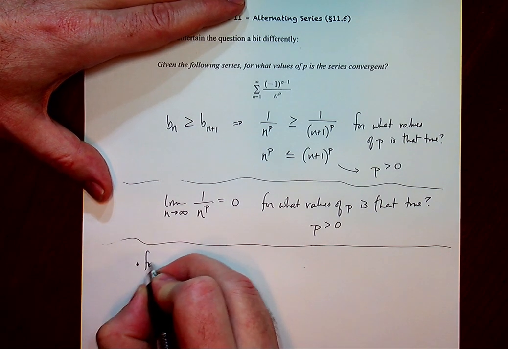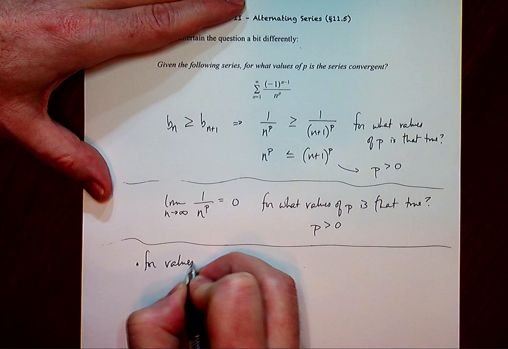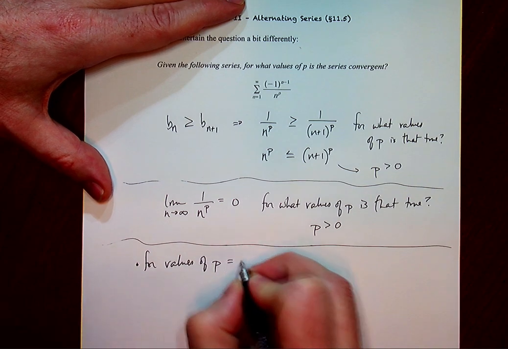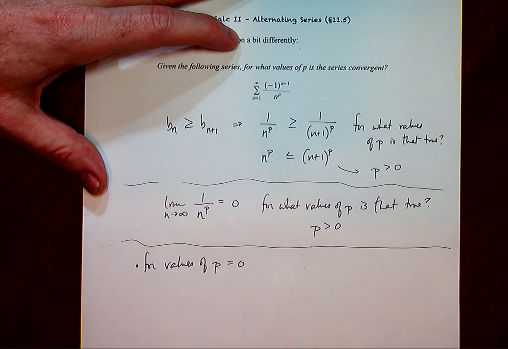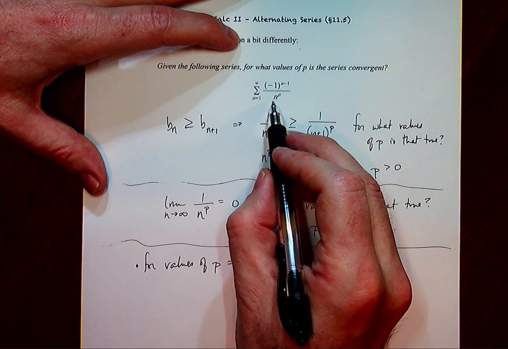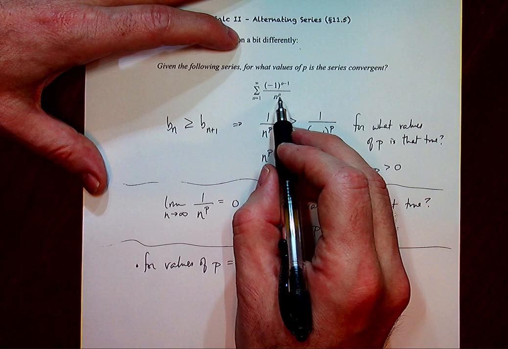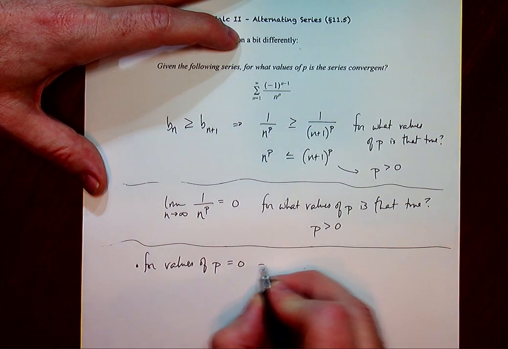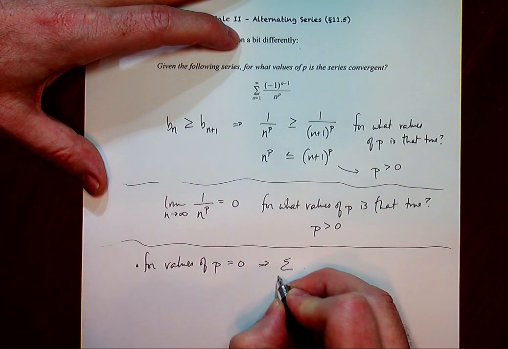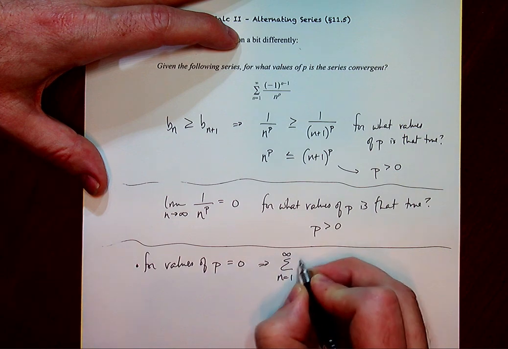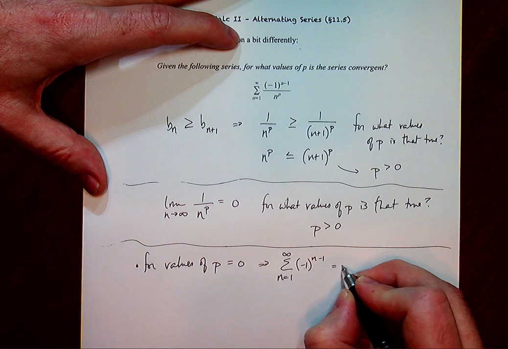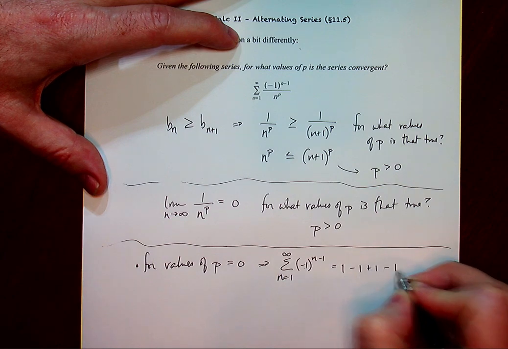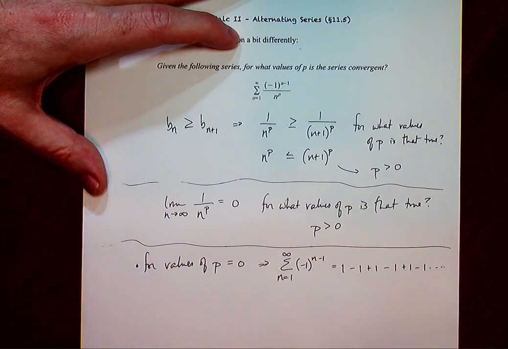So for p equal to 0, what happens is n goes to the 0 power, which is 1, and that transforms this series into just negative 1 to the n minus 1, which means 1 minus 1 plus 1 minus 1 plus 1 minus 1 all the way up, okay?